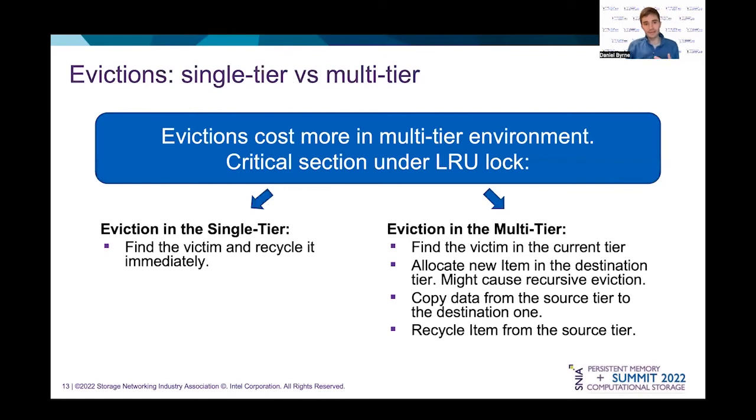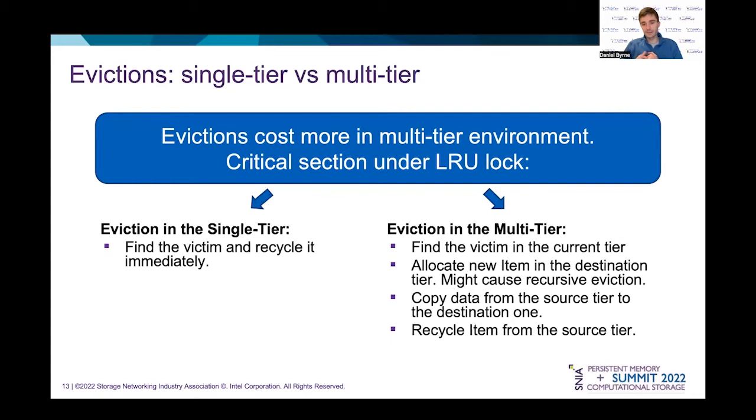So why is this, and what happens in the difference between single tier and multi-tier evictions? Well, we know that these evictions cost more in a multi-tier environment because our critical section is longer. Eviction in the single tier, we find the item and recycle it immediately.